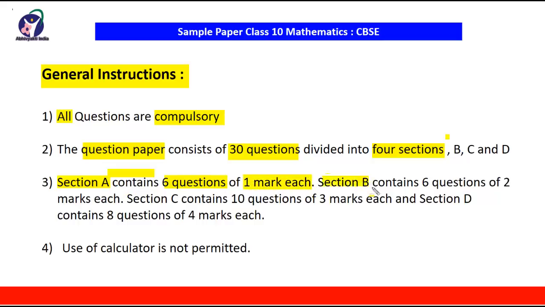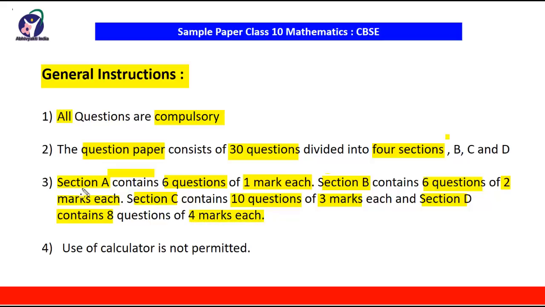In section B, there will be 6 questions and each question will carry 2 marks. Section C will contain 10 questions and each will carry 3 marks. And section D will contain 8 questions and each will carry 4 marks.